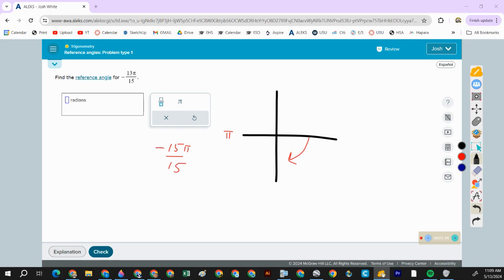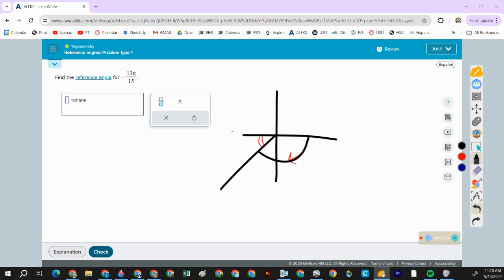And if we go in that direction, it will be negative. And so negative 15 pi over 15 is going to be right there. And the reference angle will be 2 pi over 15. Is it going to be negative? No. Reference angle is always positive. Okay. So this reference angle is 2 pi over 15.